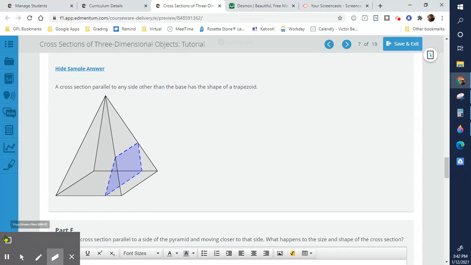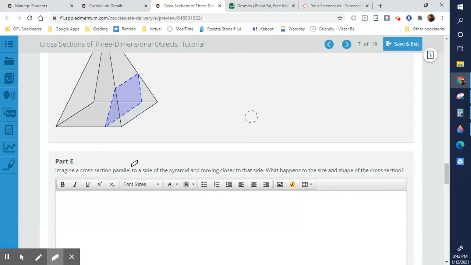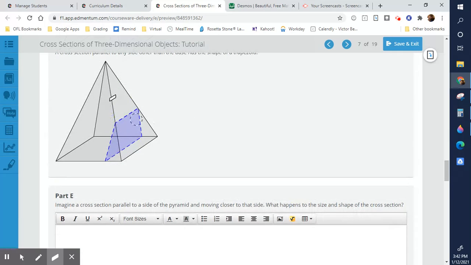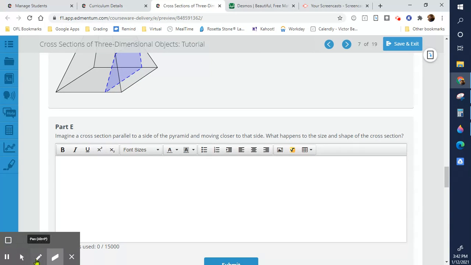Now imagine a cross section parallel to a side, moving closer to that side. So this is going to move closer to that side. So what's going to happen? The trapezoid becomes larger.